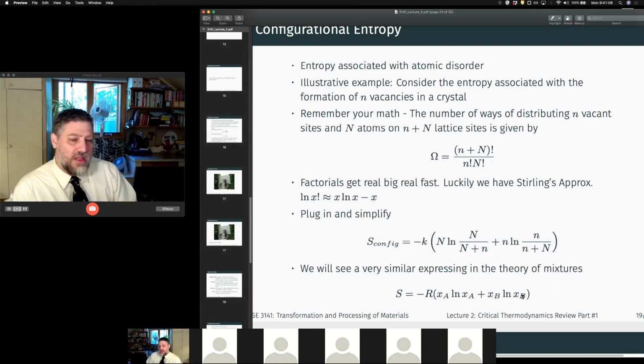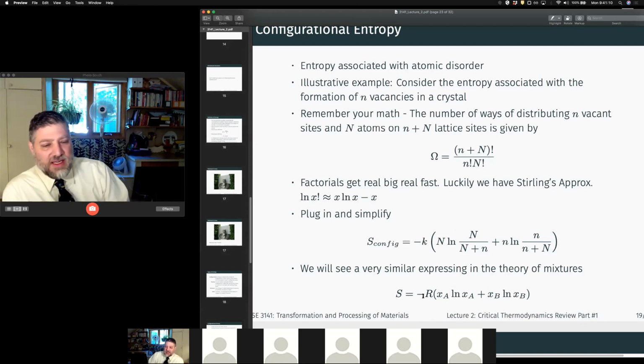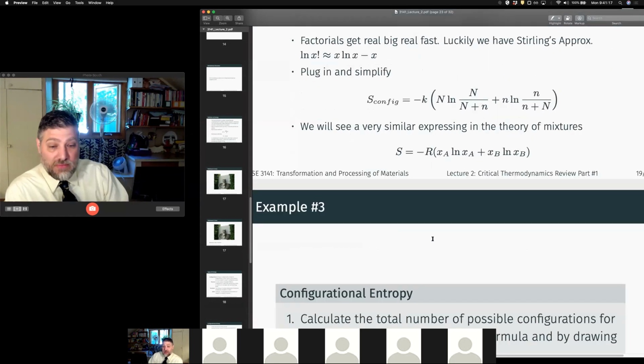So we're going to see things that take the same mathematical form again, and it all has to do with the configurational entropy.